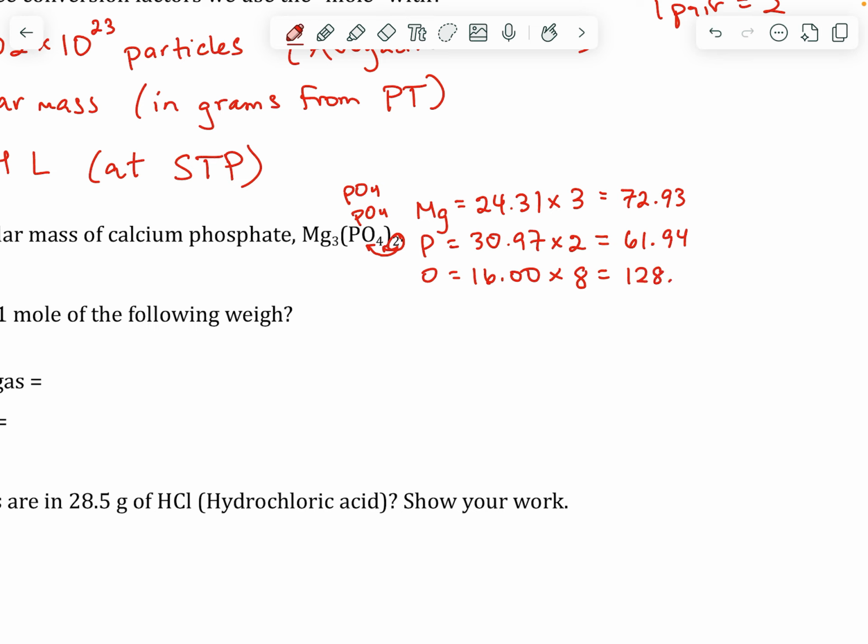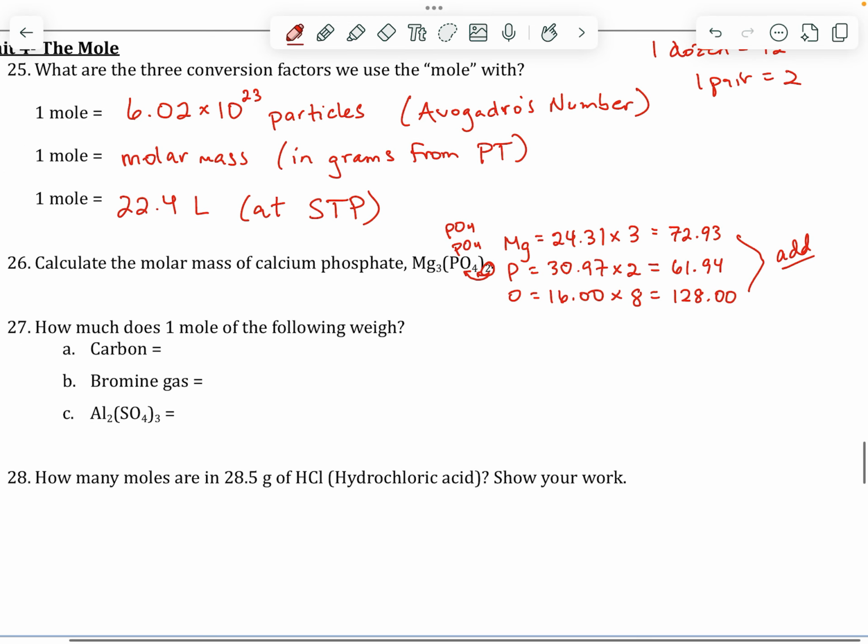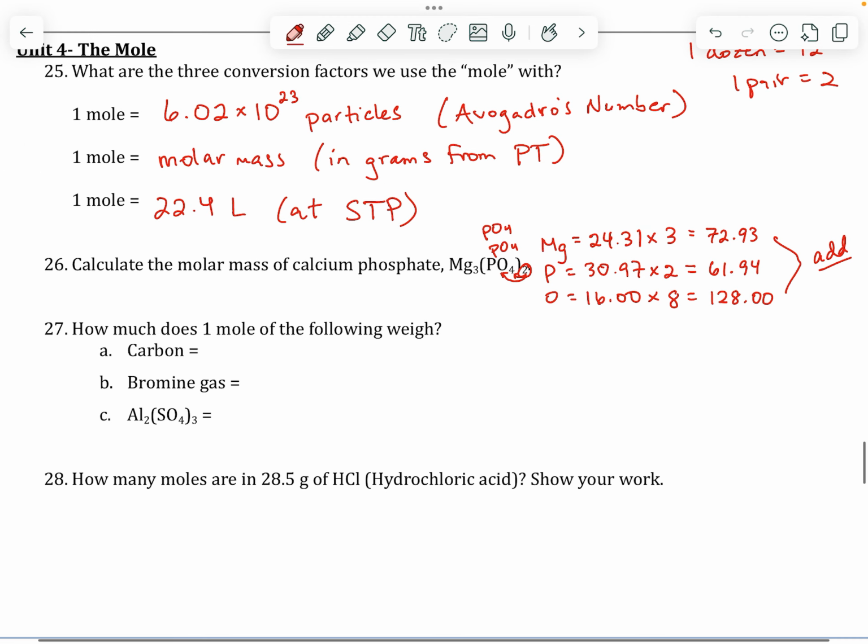And then, of course, like any total that you would get, you would just add those together to get your final molar mass, which in this case would be 61.94 plus our 72.93, and we end up with 262.87.